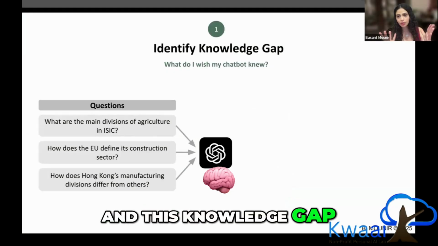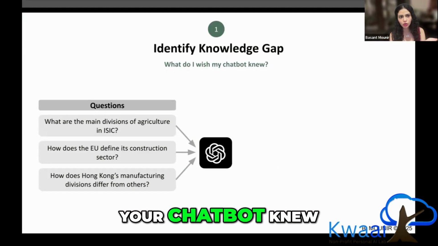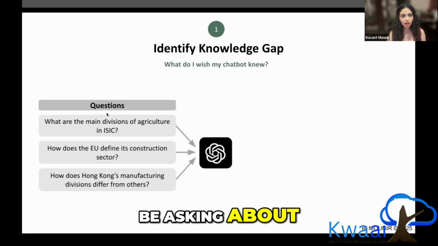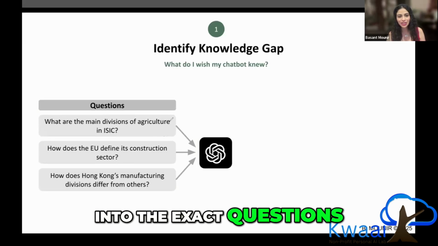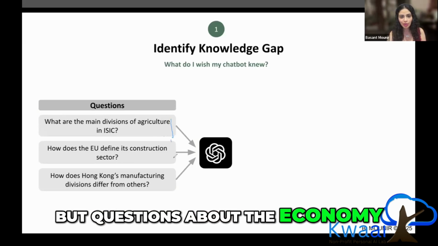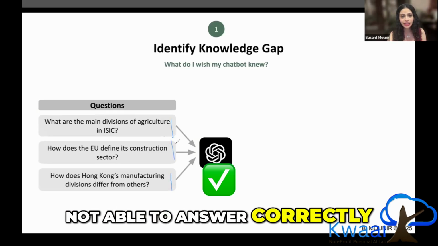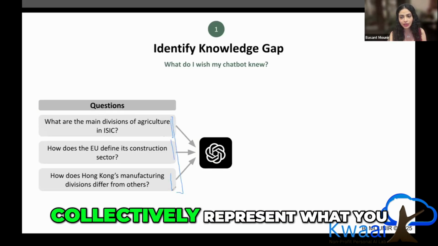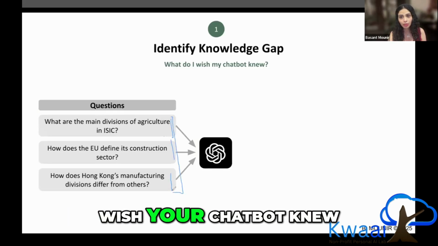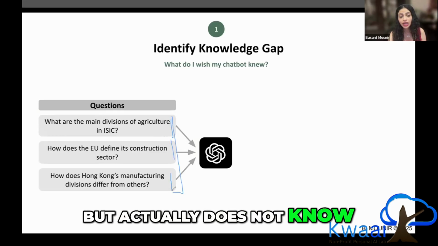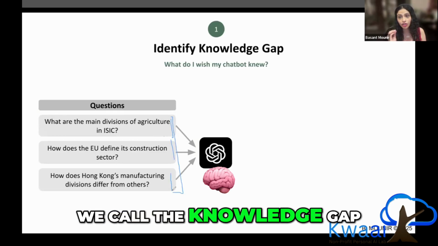This knowledge gap is basically what you wish your chatbot knew. These questions, for example about the economy, are ones the chatbot was not able to answer correctly. Collectively they represent what you wish your chatbot knew but does not know. This is what we call the knowledge gap.